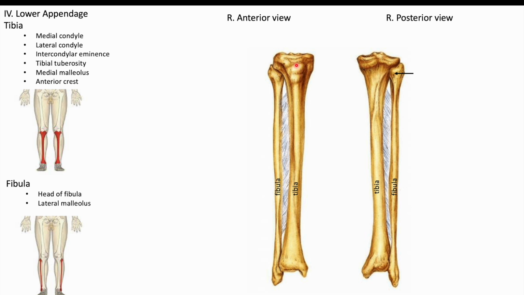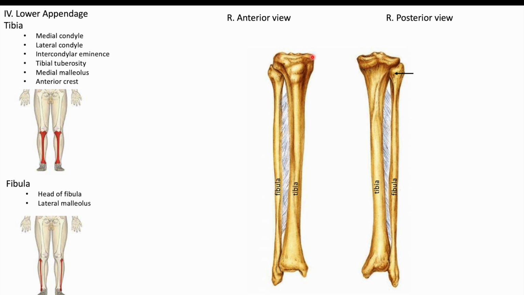Now, moving up here to the top part of the tibia bone, you have some surfaces that we're going to identify. Let's go through the condyles first. The condyle, remember, is any rounded projection. You have a rounded portion right here and a rounded portion right here.